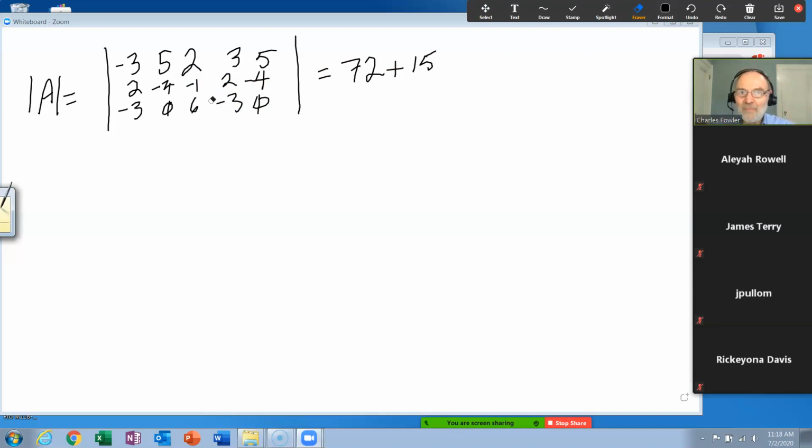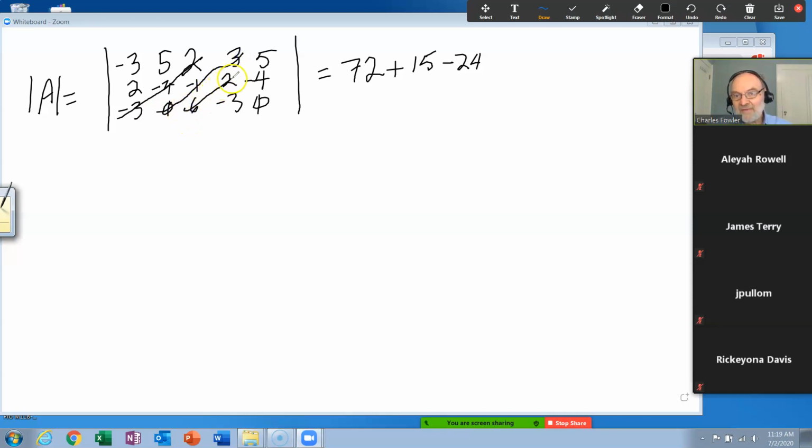Okay, now we're going to do our up diagonals, and up diagonals are always negative what they would have been. So this up diagonal would have been 12 times 2 is 24, but because it's an up diagonal, that becomes a minus 24. I said this was easy, but these are big numbers. This goes to 0, right?